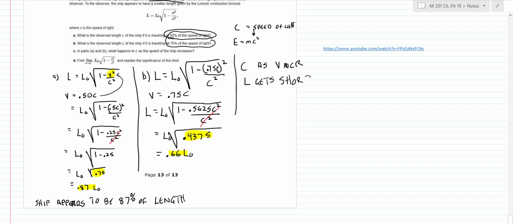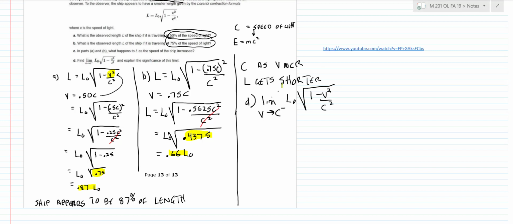All right, and then we're going to do this limit. Calculus plays a big role in the mathematics of relativity theory. So what we're ultimately going to do on this problem is take the limit as v approaches the speed of light from the left-hand side of this Lorentz contraction formula. A couple of notes I want to make: I'm curious if you understand why this would have to be a left-hand limit.